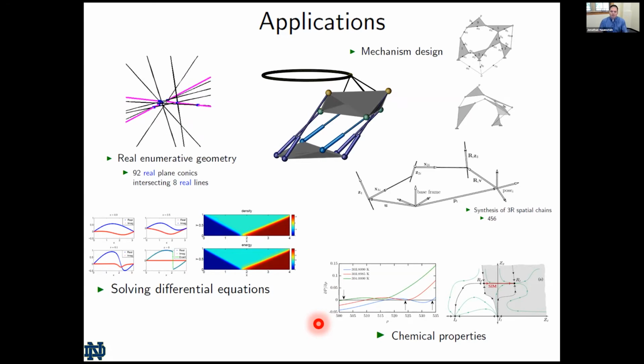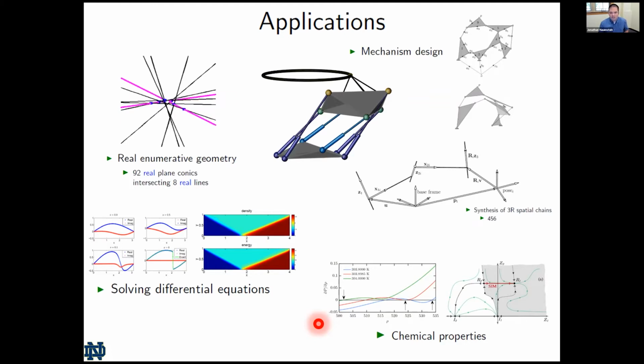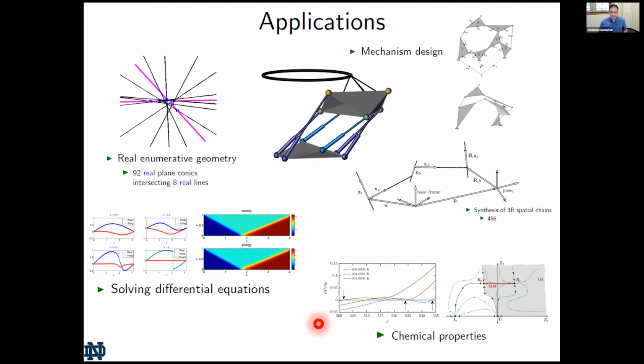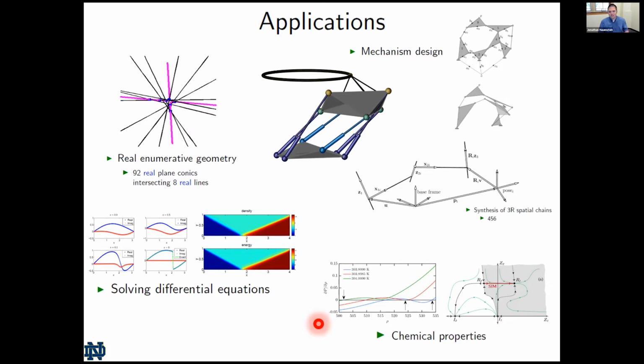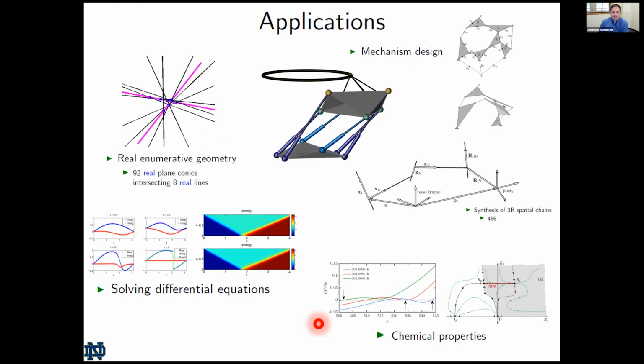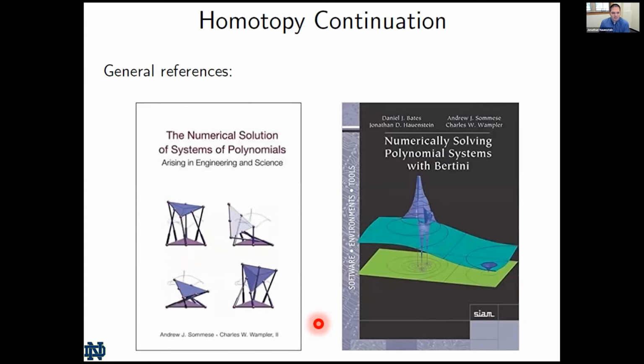And you can also study chemical properties using numerical algebraic geometry. Because these slides are going to be posted, I thought I would have at least one slide of general reference. So if you want more information, here are two books to look at later.